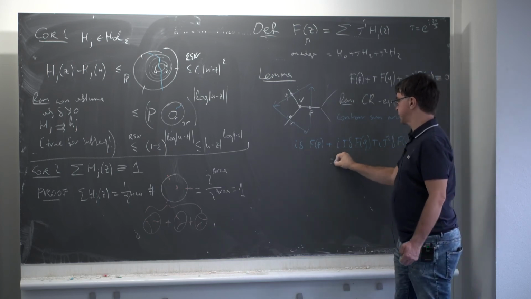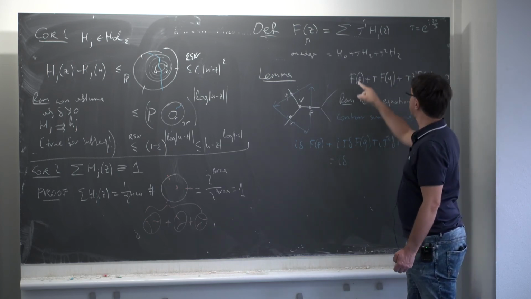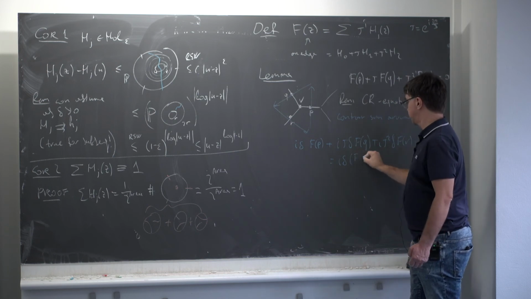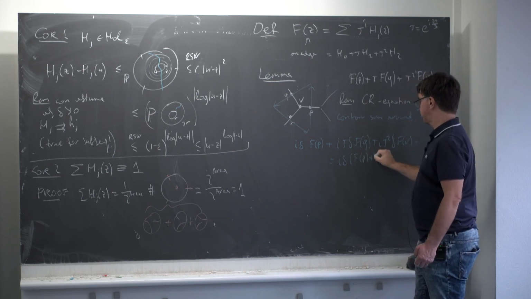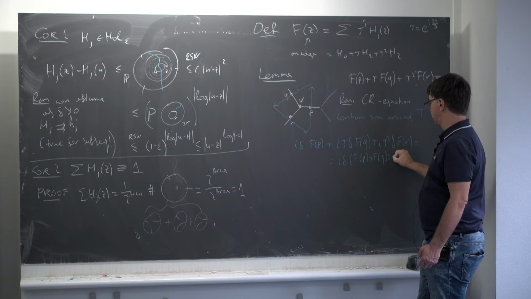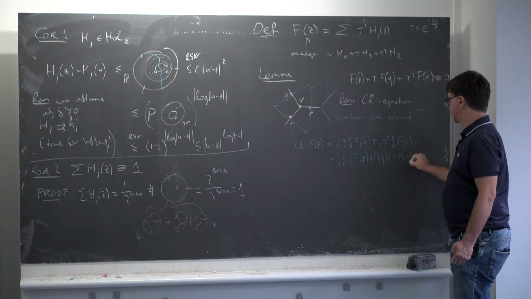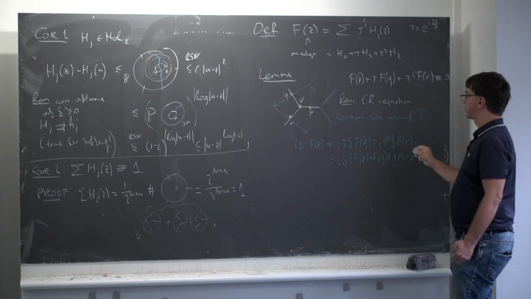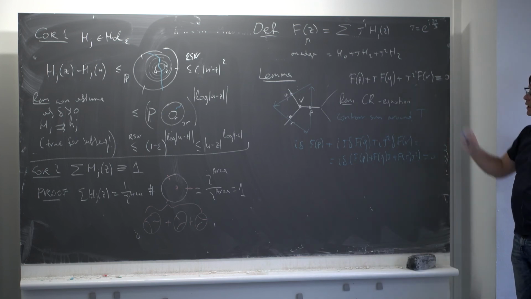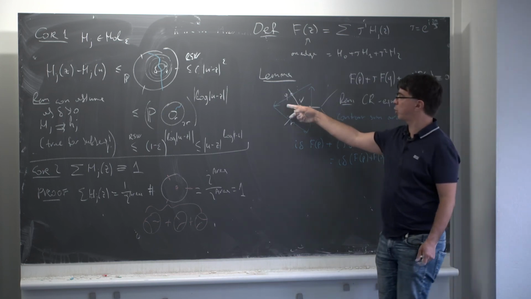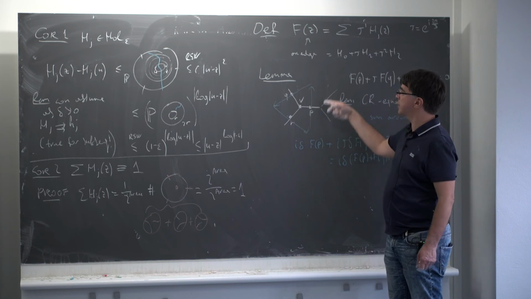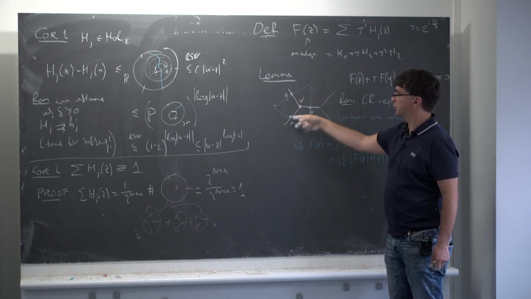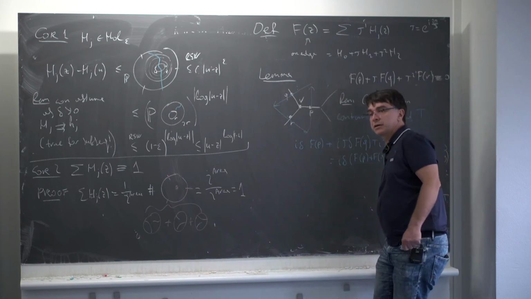So this is I delta times this thing, f of p plus f of q tau plus f of r tau squared, so it's 0. So it's basically like Cauchy-Riemann equation. It says that the contour integral of my function around a contour is 0.